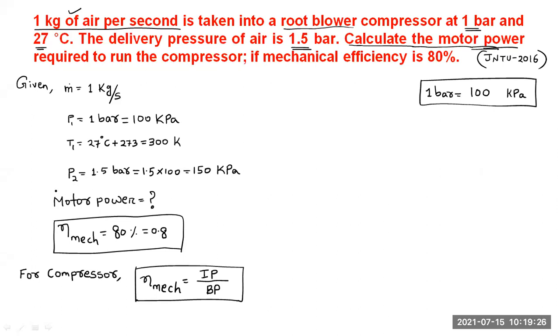Now can you tell me, in this question they are asking to calculate the motor power. So is this motor power indicated power or brake power? Motor power means it is indicated power or it is brake power. Can you guess?